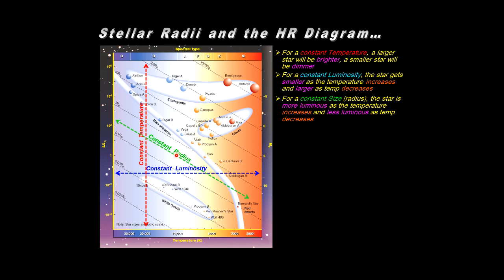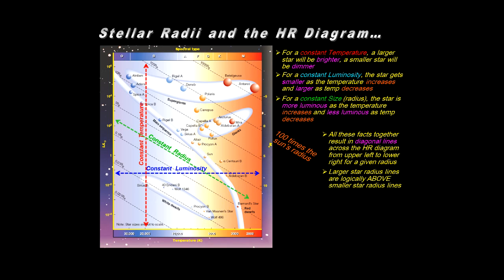If you have a constant radius or size and the luminosity goes down, the temperature has to go down. And that's taken care of both simultaneously with this diagonal line going across here. So that's how we get these constant radius lines: diagonal lines from the upper left to lower right for a given radius.